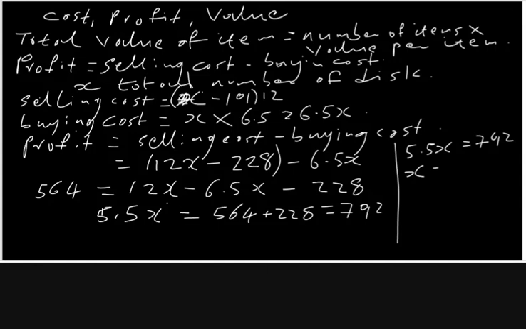X is equal to 792 divided by 5.5, and that gives us 144. That's the total number of items that he bought, 144, and that is the answer to that question.